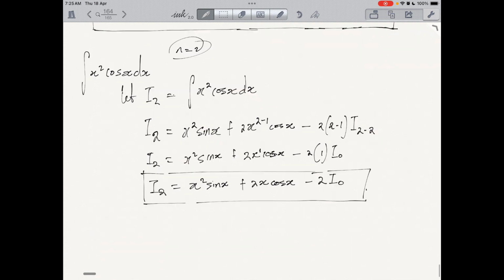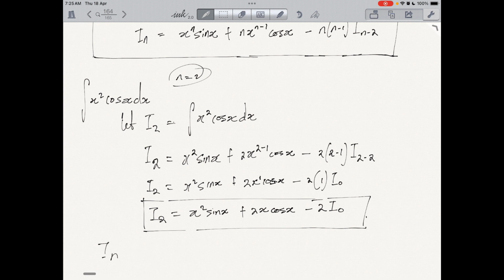So we recall that I_n from here is equal to x raised to power n sine x plus n x raised to power n minus 1 cos x minus n into n minus 1 multiplied by I_n minus 2.